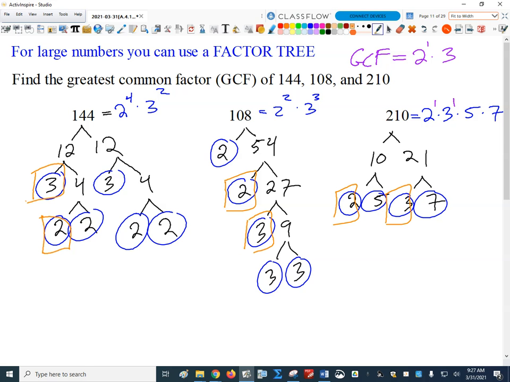But then they were done. They don't all share another 3. 7's, nope, they don't all share a 7. So look, it's just a 2 and a 3. See what I'm saying? You could decide what works best for you. But this factor tree can help if you have really big coefficients, though that's not going to happen very much for us.